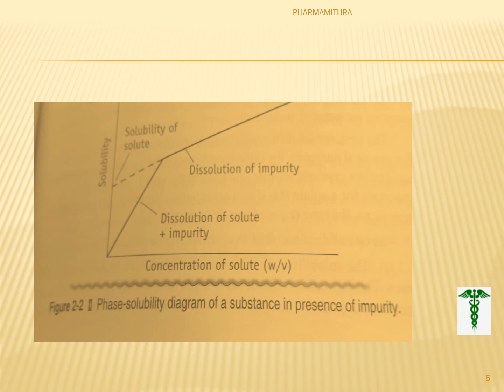Because of that, we see the initial line, and the next line shows the dissolution of the impurity. When they intersect, we can say that the solute has reached the limit of its solubility. By this we can find out the phase solubility diagram.